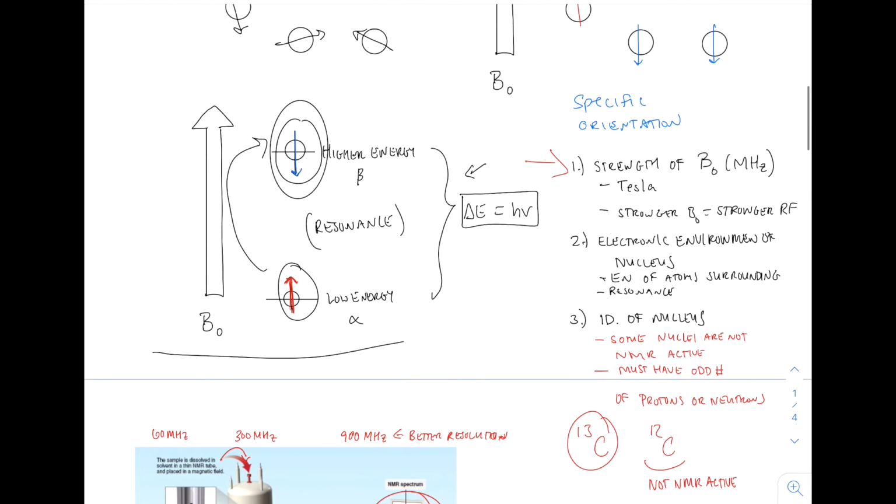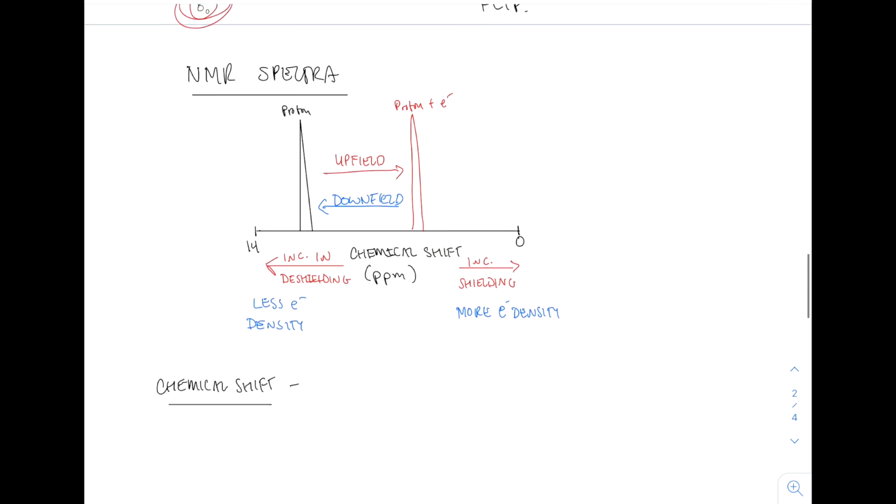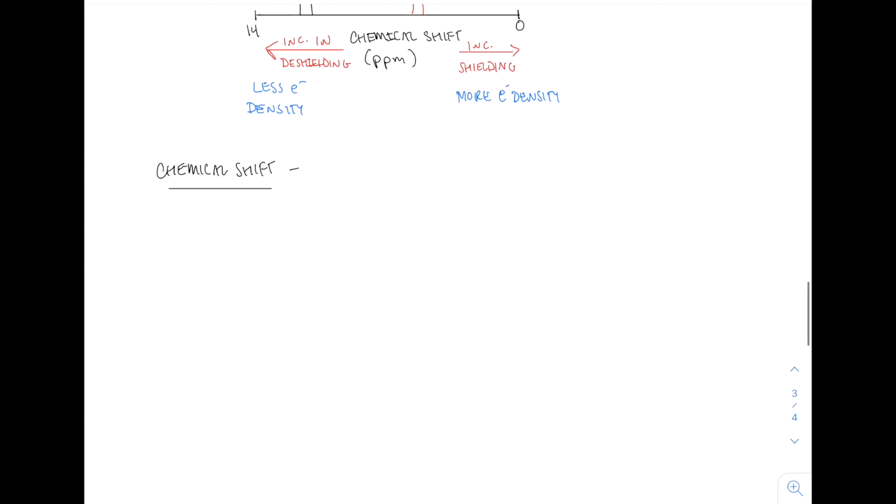Because remember, the energy is related to the frequency associated with that spin flip. And so you can think of if you had a nucleus, got that opposing magnetic field, and this is the high energy state, and then we have this low energy state.